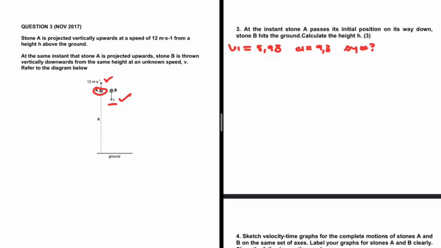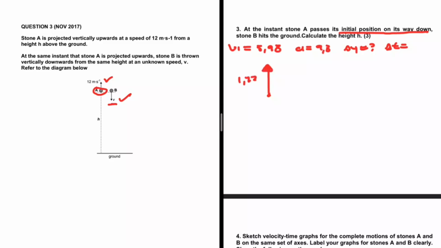Which other variable do we have? We actually have the time. Let me show you how. Let's take a look at the question again. At the instant stone A passes its initial position on its way down, stone B hits the ground. Calculate the height h. We've talked about this previously, right? If it takes 1.22 seconds to go from the initial position to the maximum height, this is 1.22 seconds.